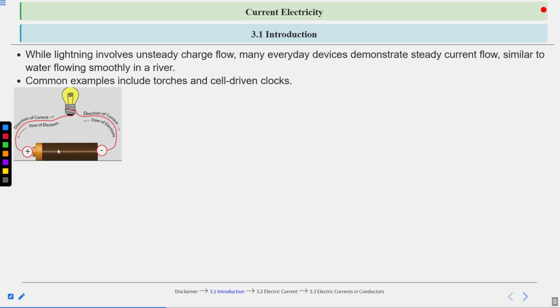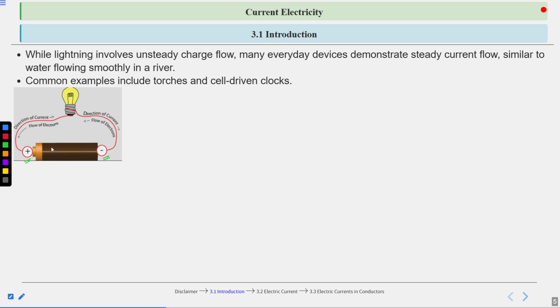You may have seen that when we put a cell in a clock, it worked for 2-3 months. It means the reaction inside the cell is going on for 2-3 months. After that, the reaction stops, and the potential difference maintained by this chemical reaction also vanishes, due to which the cell stops working.